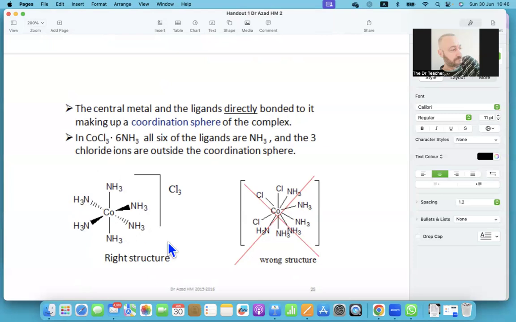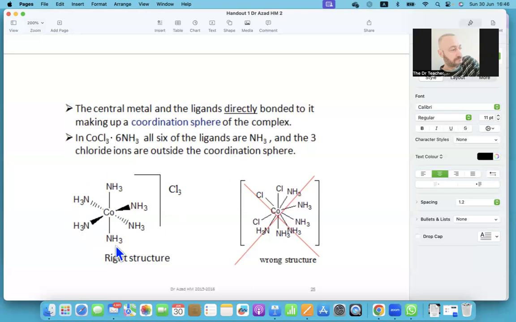Now the right structure here, if we see cobalt chloride 3, 6 ammine, all 6 of the ligands are NH3 directly bonded to the central metal. But the 3 chloride ions are outside the coordination sphere.